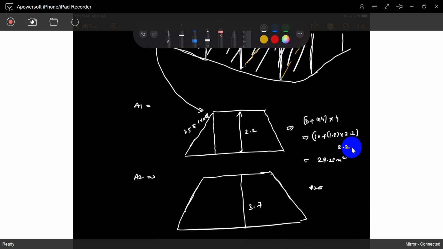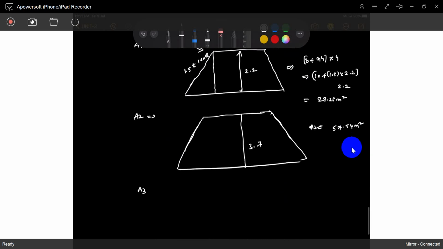Using the same formula, A2 is 57.54 square meters. A3 has a depth of 3.8, so A3 is 59.66 square meters. A4 is 64 square meters. What is A5? 59.66. What is A6?